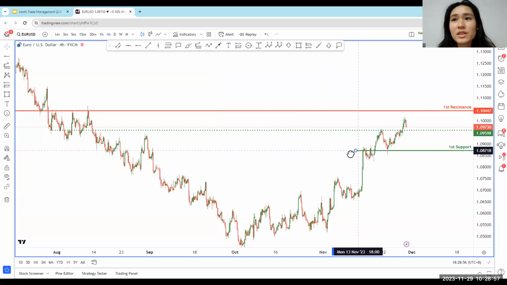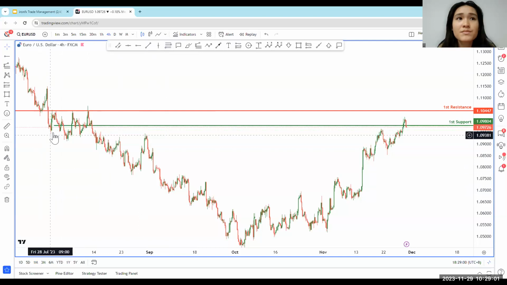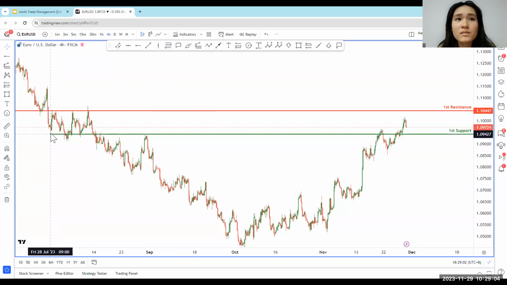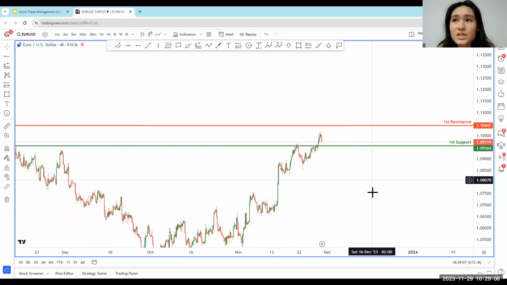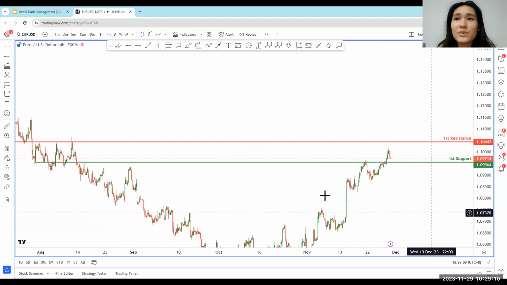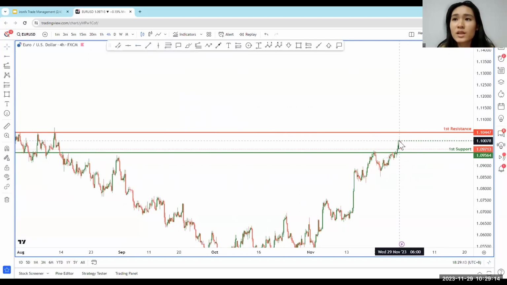No, I'm going to place my first support here instead. If price reverses off of our first support, then we can go in for the buy entry. My intermediate resistance is here instead.